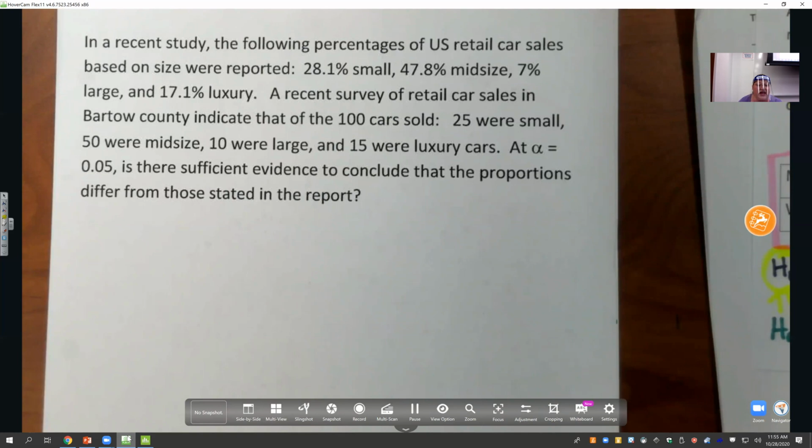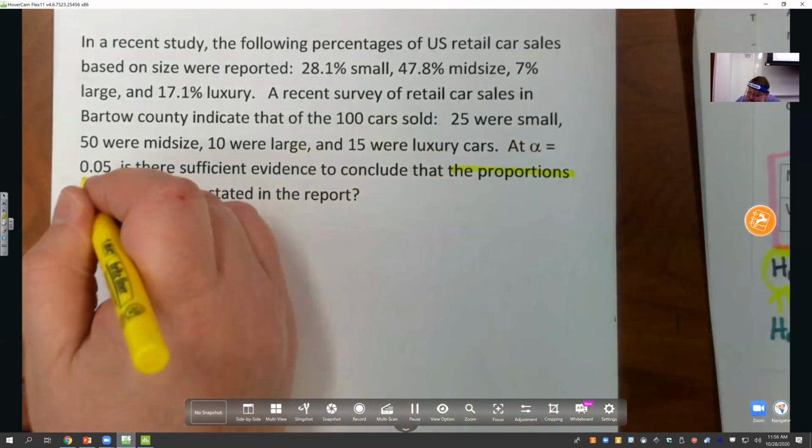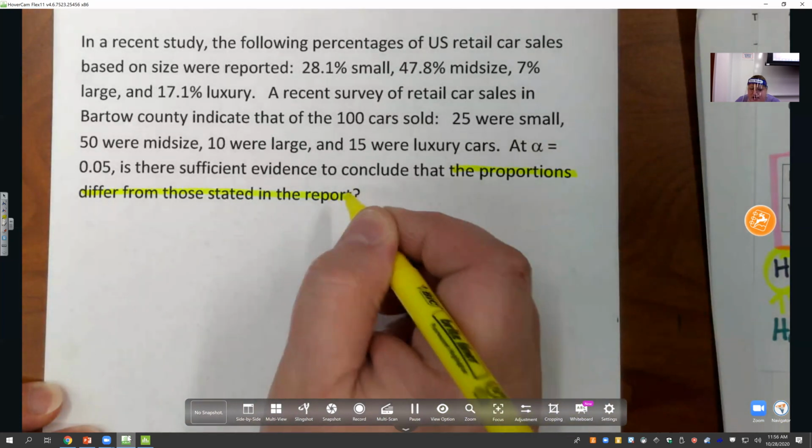A recent survey of retail car sales in Bartow County indicate that of the 100 cars sold, 25 were small, 50 were mid-sized, 10 were large, and 15 were luxury. At alpha equals 0.05, is there sufficient evidence to conclude that the proportions differ from those stated in the report?